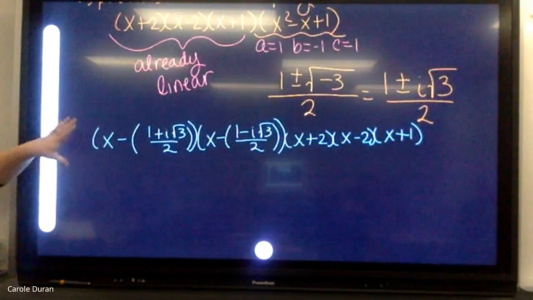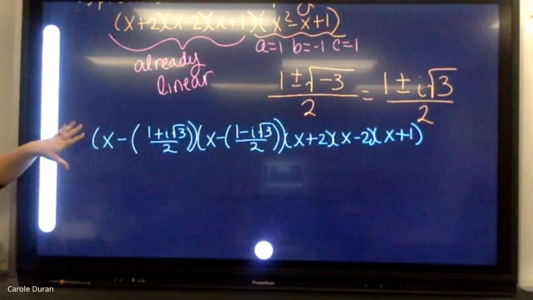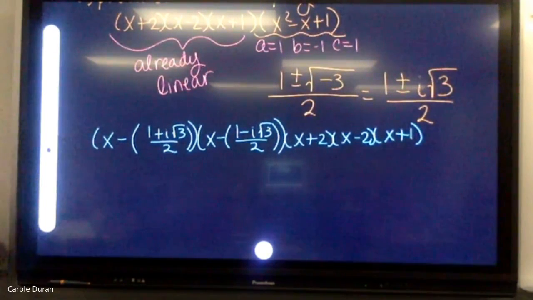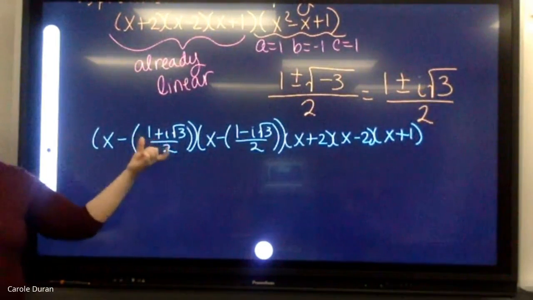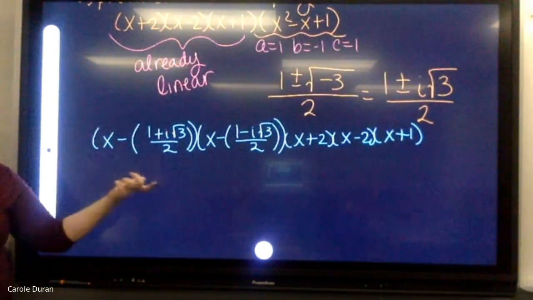This is an acceptable stopping place. However, if you wanted to finish simplifying it, we could split this complex number up into 2 terms and distribute the negative to each of them. That is your choice.